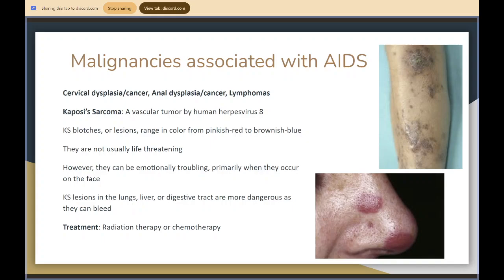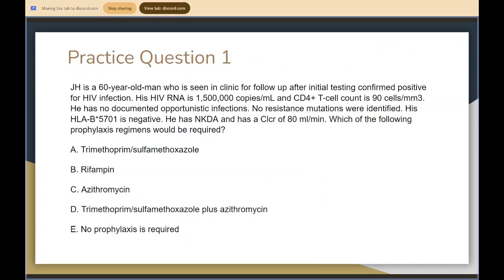However, when they occur on the face or in prominent areas, they can cause emotional troubles. Any lesions that are in or on an organ, such as the lungs, liver, or digestive tract, they're more dangerous as they can bleed. Treatment can be radiation or chemotherapy.